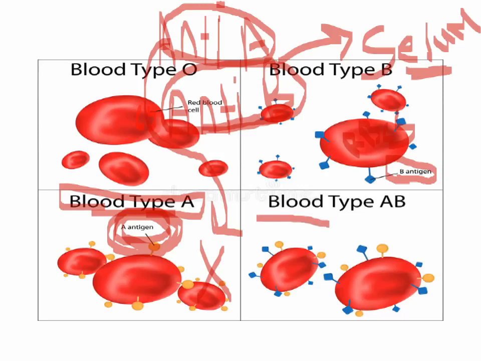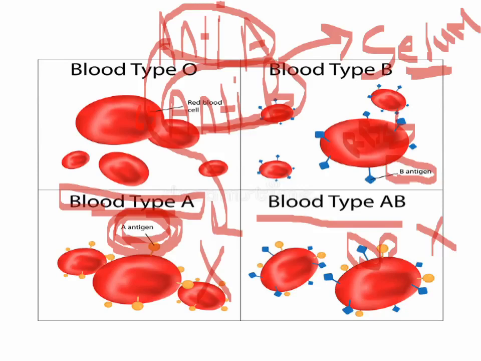How about the blood type AB? It contains antigen A and antigen B. So antigen A and antigen B are both self-antigens. Do you think you'll have anti-A or anti-B against your self-antigens? No. So here you don't have any antibodies in your serum which are against your self-antigens.